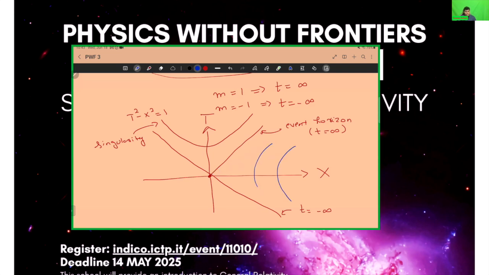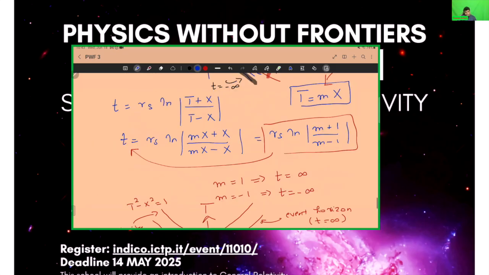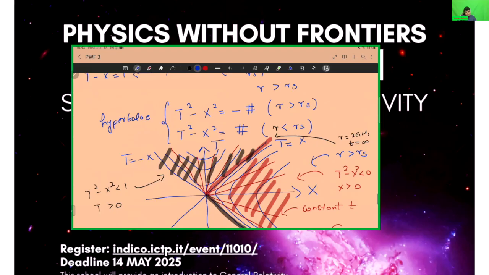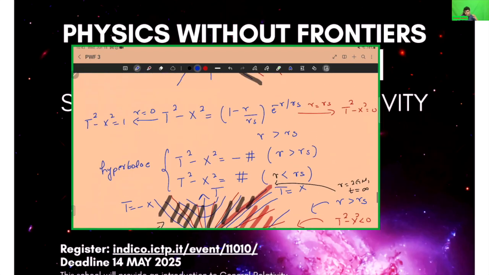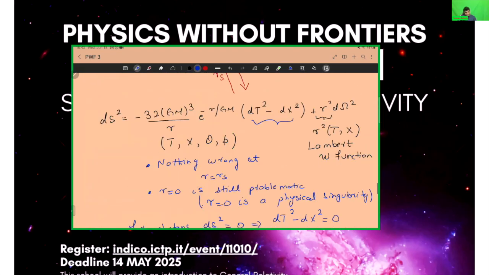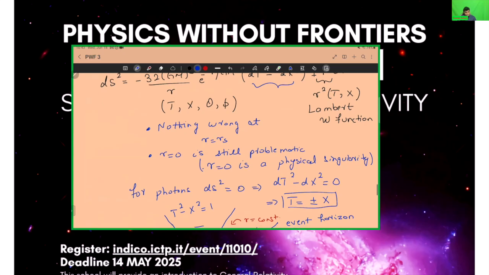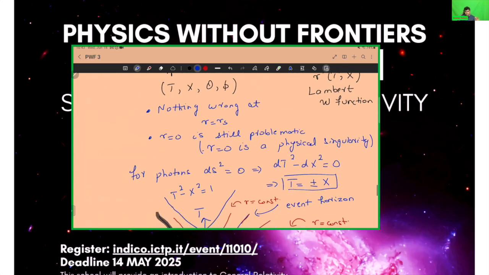Okay. Now, as we discussed earlier, in the Kruskal metric that I wrote here, we saw that for photons, you have dt squared minus dx squared equal to 0. I actually wrote down this thing, but it can be with a constant, of course.